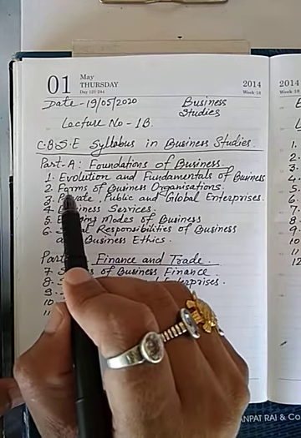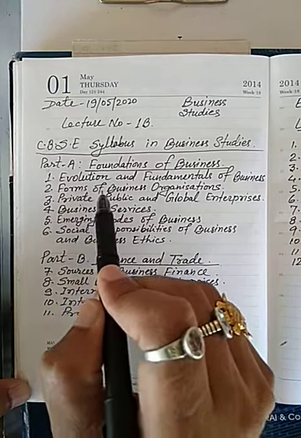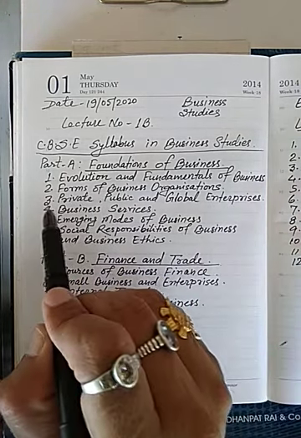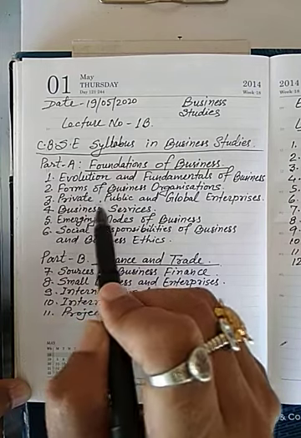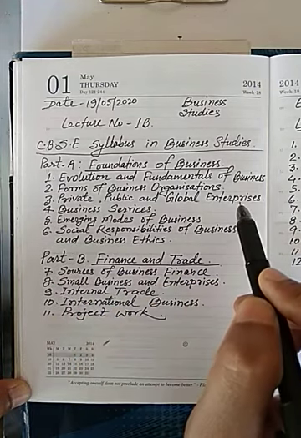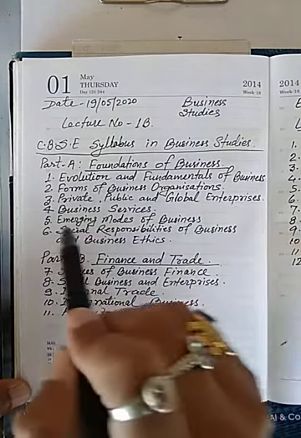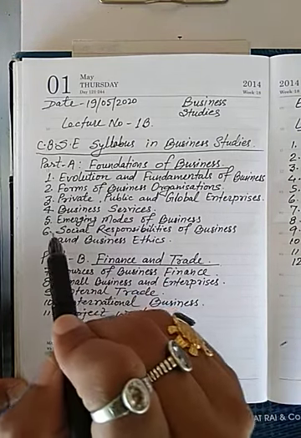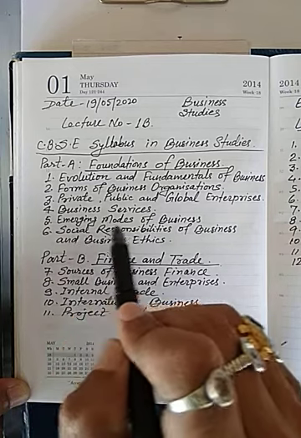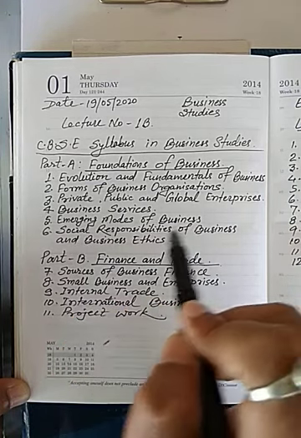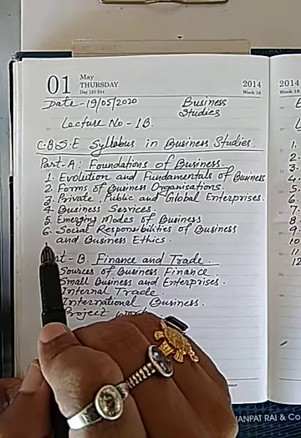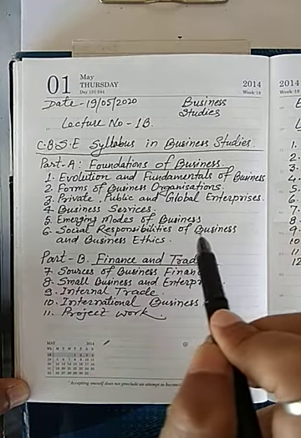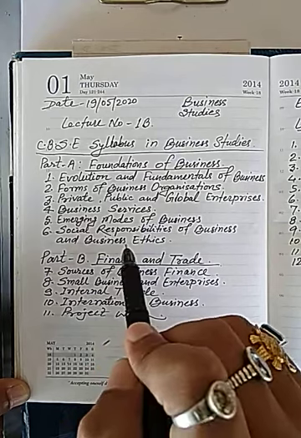Second chapter will be forms of business organizations. Third chapter, private, public and global enterprises. Fourth chapter, business services. Fifth chapter, emerging modes of business. Sixth chapter, social responsibilities of business and business ethics.